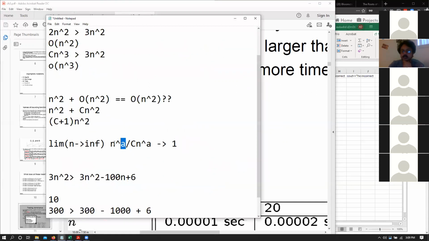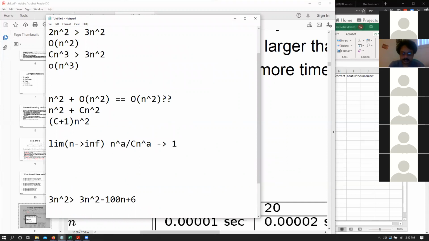So in our case, the equation is n to the power of a, right? Let's say that c equals 0.5. In that case, 0.5 n to the power of a will grow slower than our equation, right?